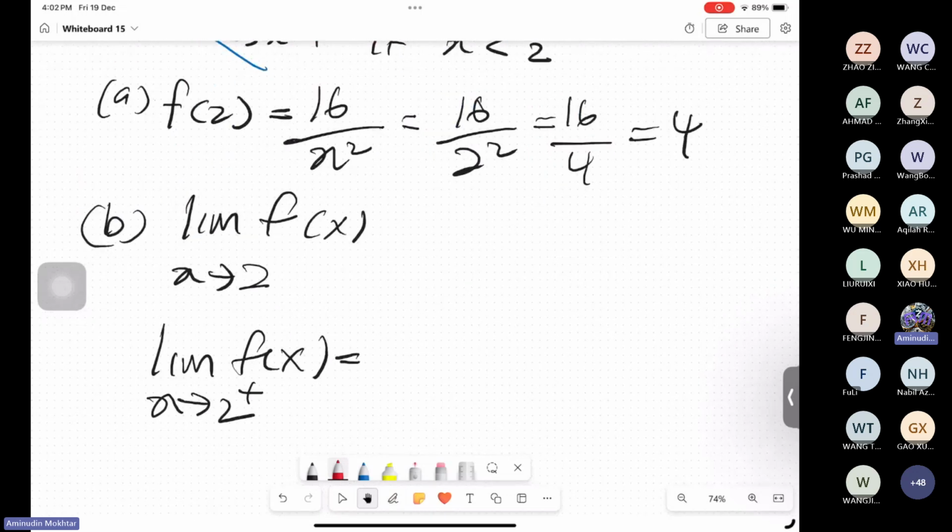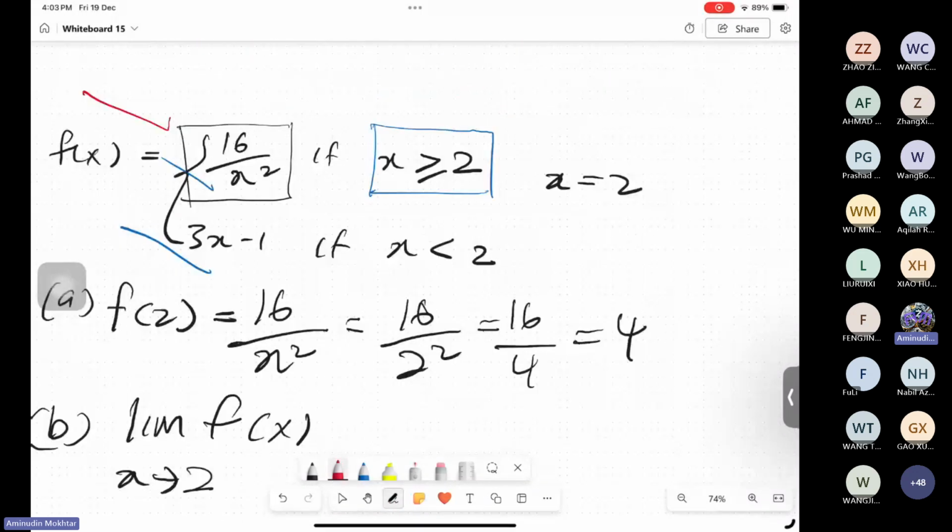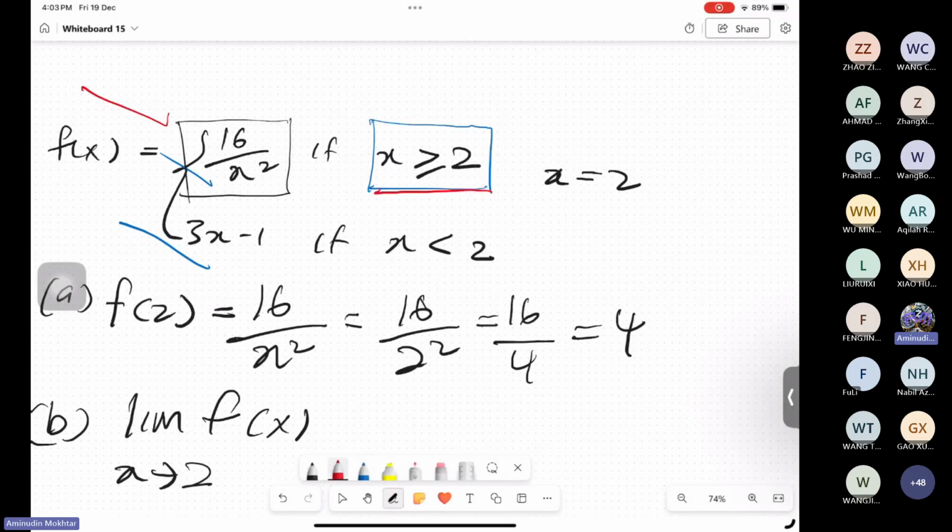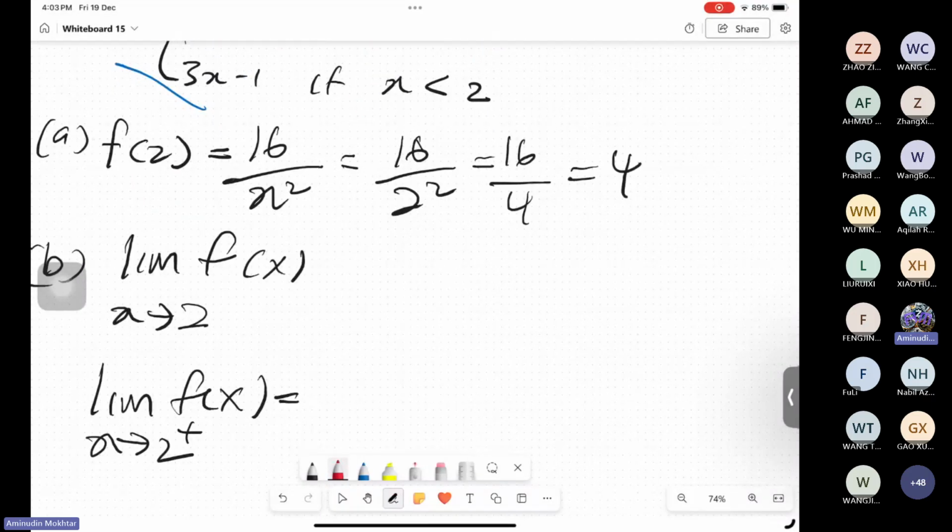When we want to find the right hand limit, we must calculate the first part, because it is for the area x greater than 2. When x approaches 2 from the right, we choose any number greater than 2 but close to 2.